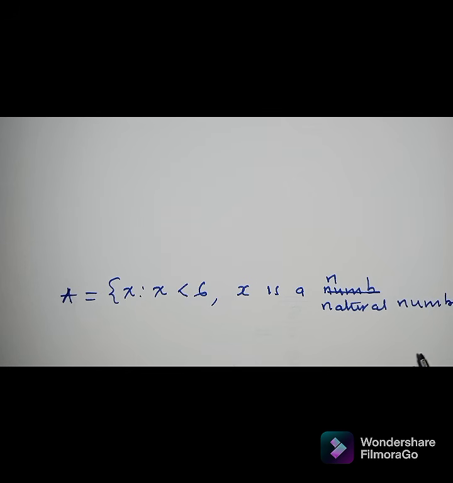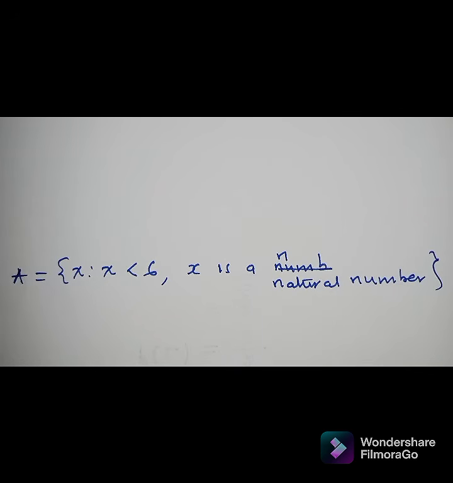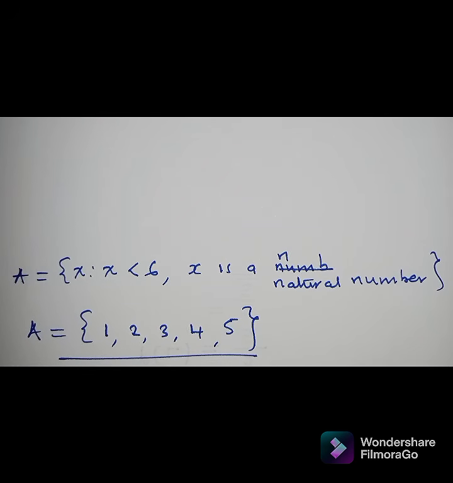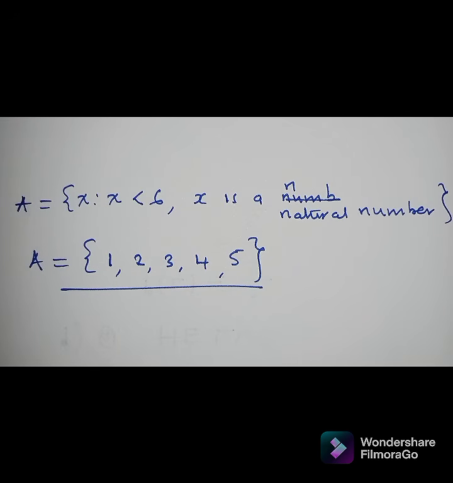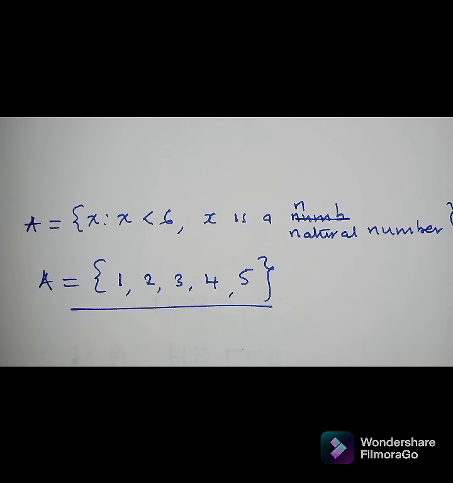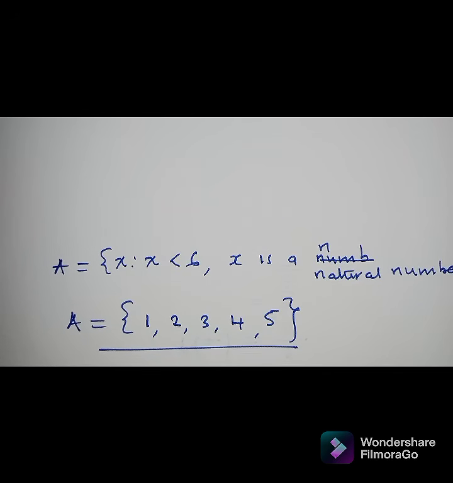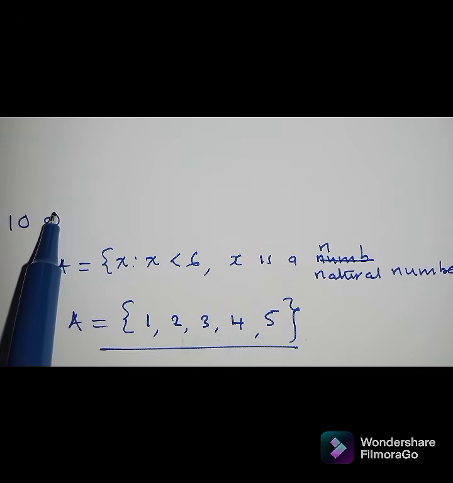So they want us to list A. We know that natural numbers are counting numbers. So we list, it will be 1, 2, 3, 4, and 5. This is where it will end because x is less than 6. So 5 is less than 6. This will be our last number. That's our A. Question 10A.